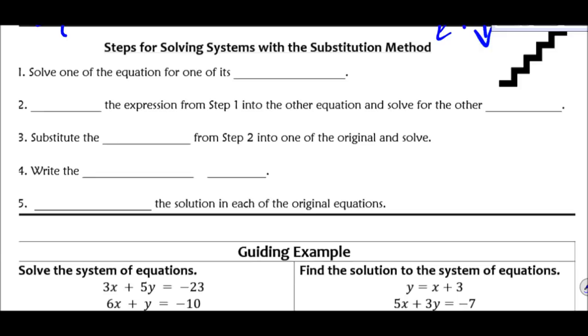So we're going to solve one of the equations for either one of its variables. You can pick either equation, and you can pick either variable. Then we're going to do the substitution part. We substitute the expression from step 1 into the other equation and solve for the opposite variable.